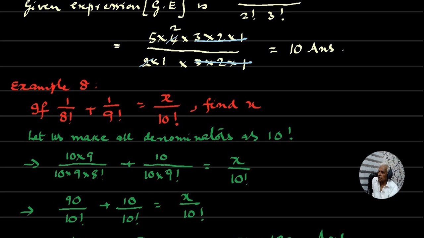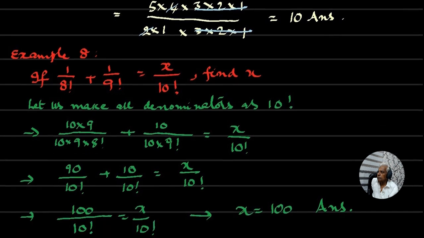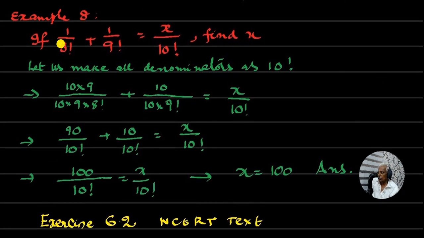Example 8. If 1 by factorial 8 plus 1 by factorial 9 is x by factorial 10, find x. Now, how about making all these denominators factorial 10? We know factorial 10 is 10 times 9 times factorial 8.